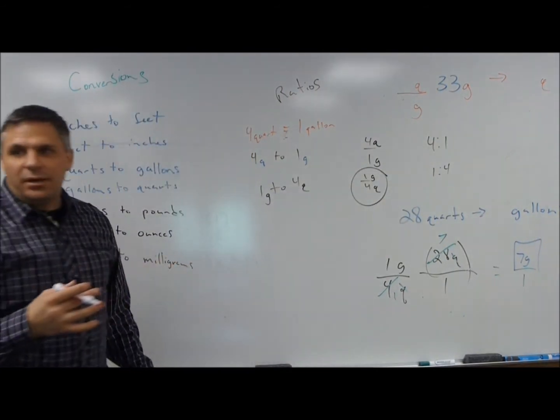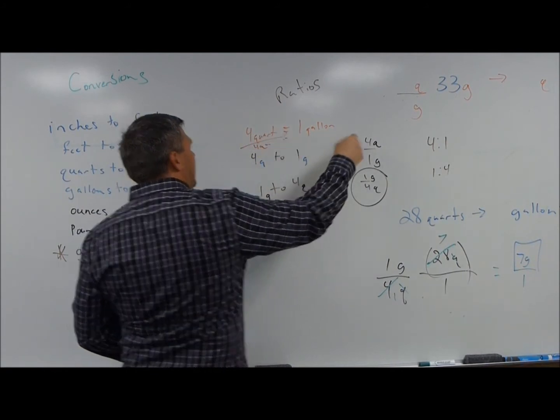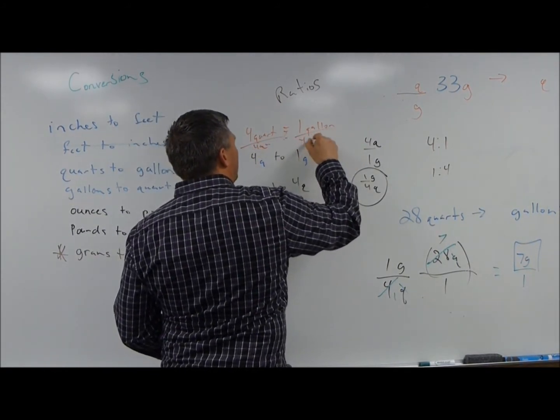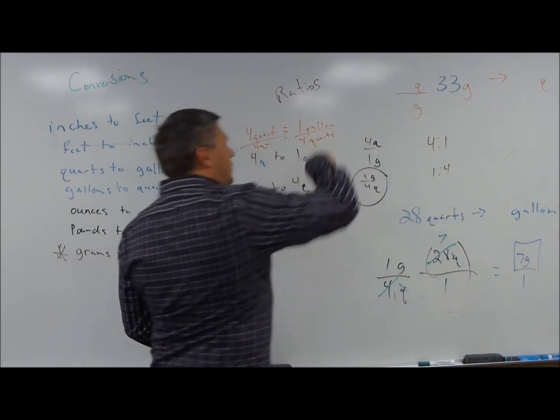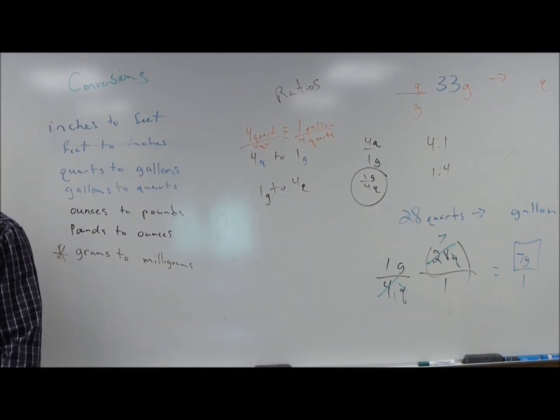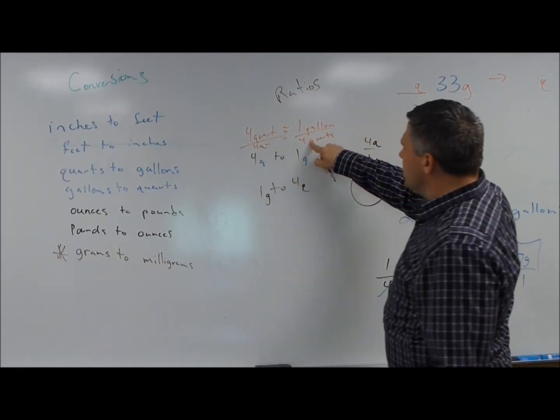So what's my ratio? Well, if I divide by 4 quarts, then I got 1 gallon per 4 quarts. So that's the 1 over 4.